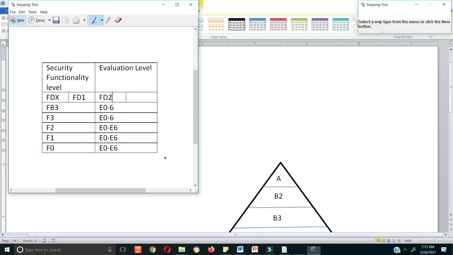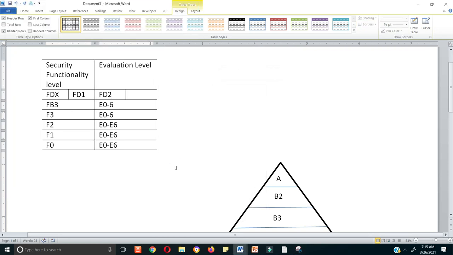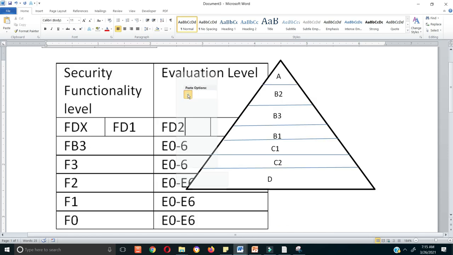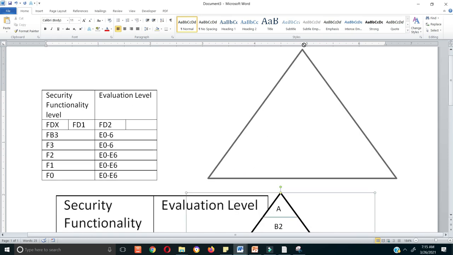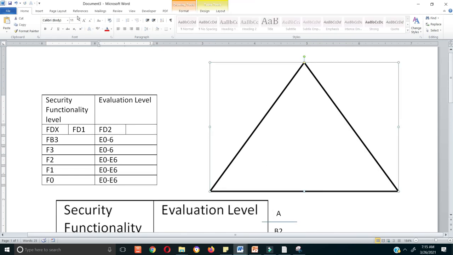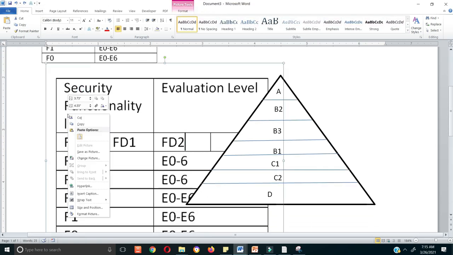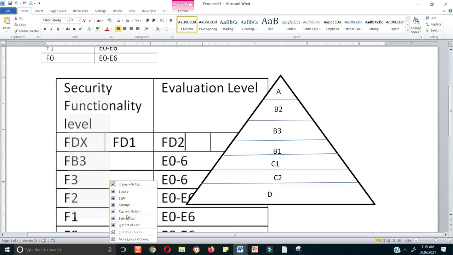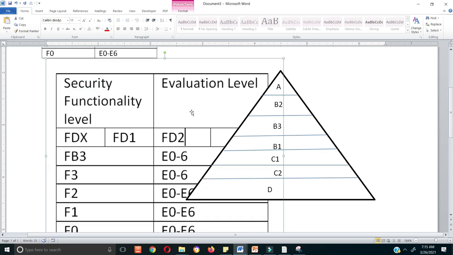Let me just turn this into an image so that I can move it about. So we have the image now.